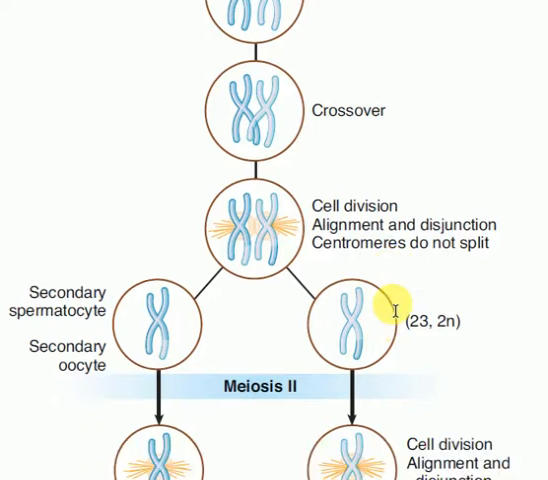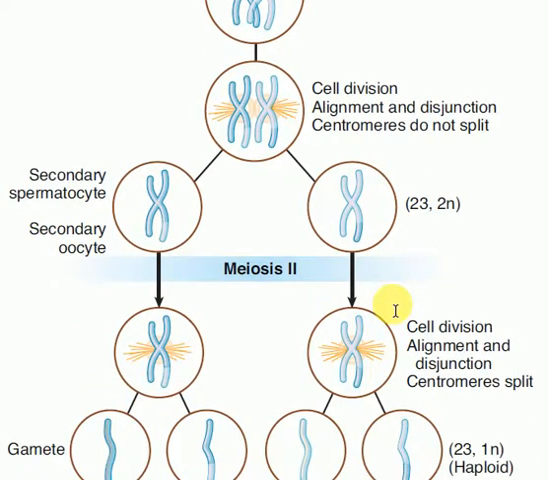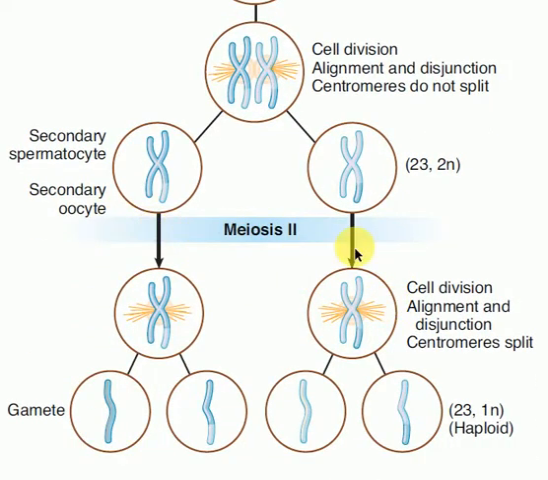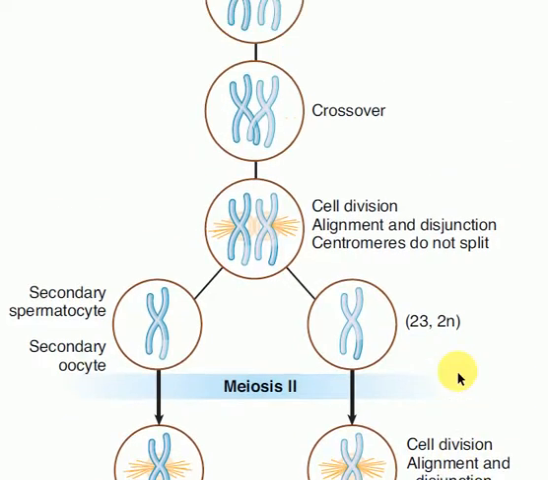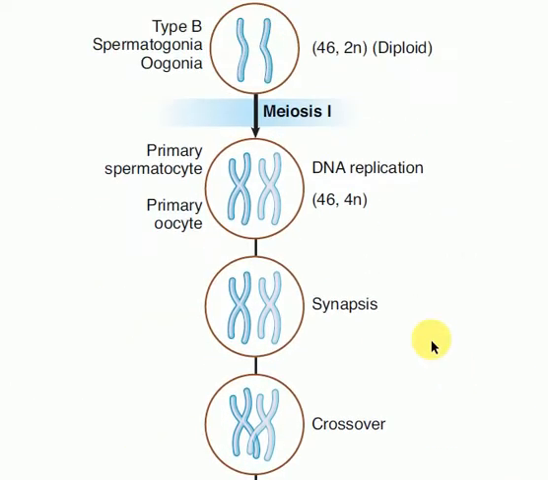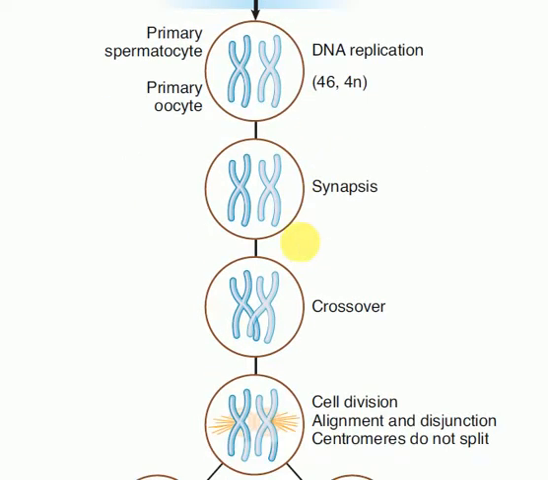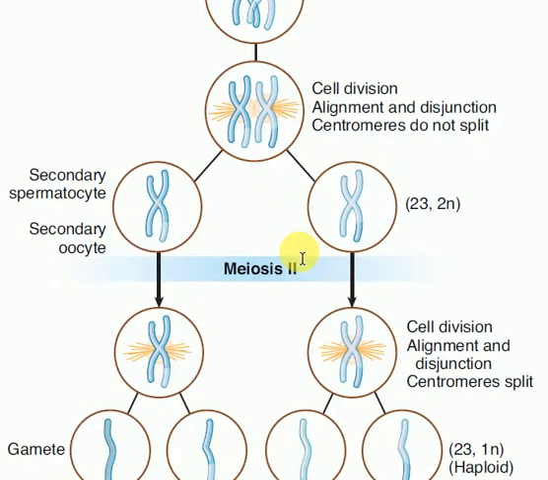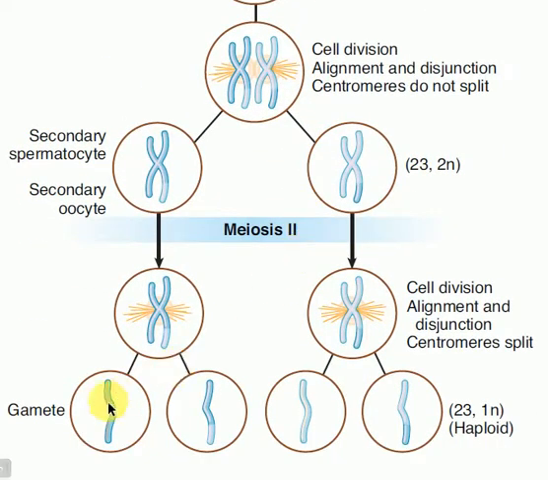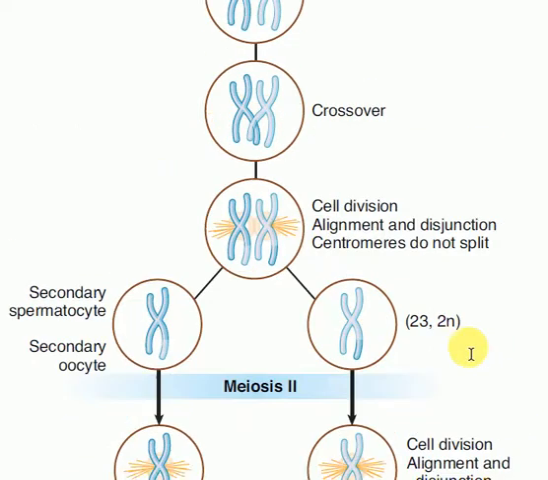And then these two cells will undergo the second meiotic division, and each of the two cells will again divide and produce two cells, so a total of four cells are produced, as you can see. So we started as one cell right over here, and now we end up with four cells at the end of the second meiotic division.